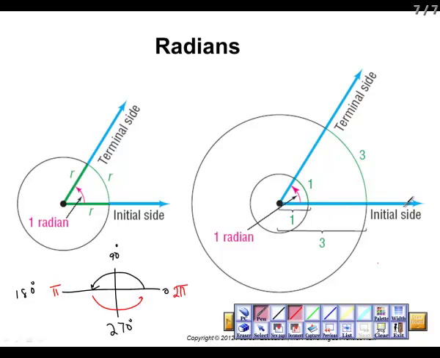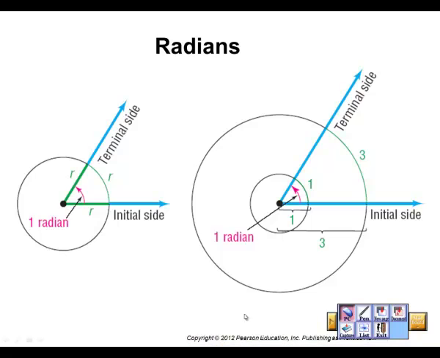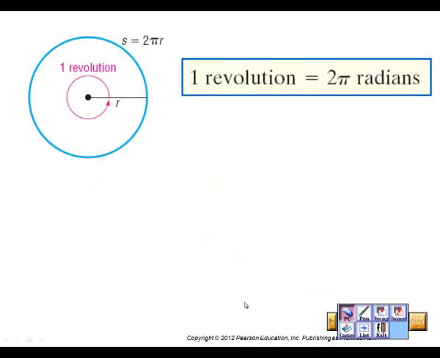So again, we have our initial side and we have our terminal side. And so our angle now, instead of in degrees, is in radians. We know that 1 revolution equals 2 pi radians. If we're looking at the wheel of a bicycle, and we were to go forward and the wheel were to make 1 complete turn, that would be 1 revolution.